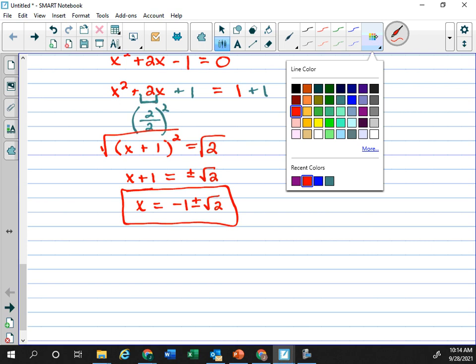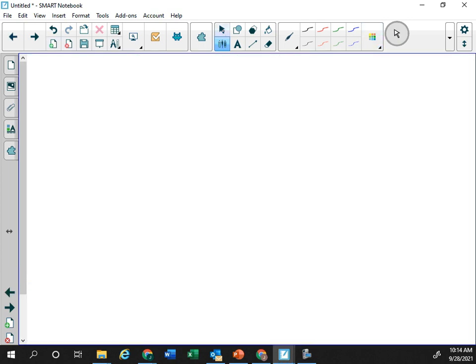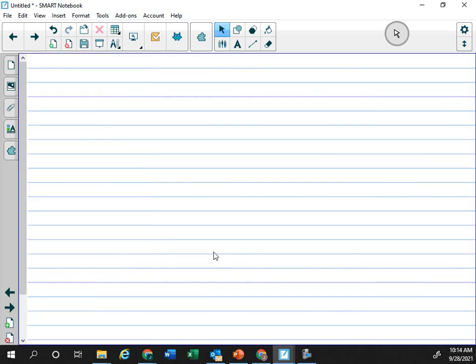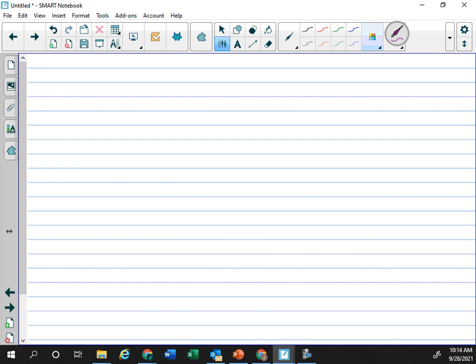All right, we are now going to switch over to thinking about logs. The first thing we're going to do is work on rewriting our log as an exponential.